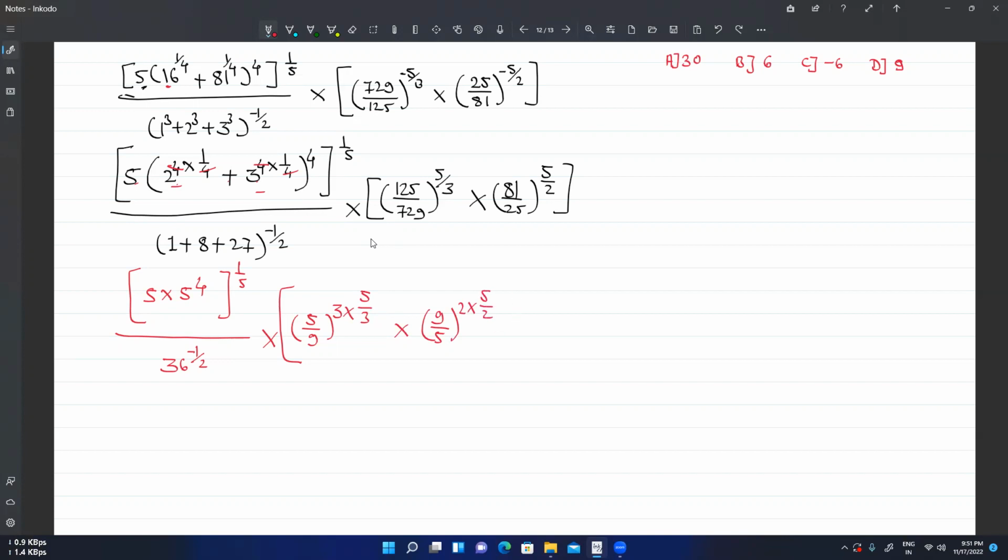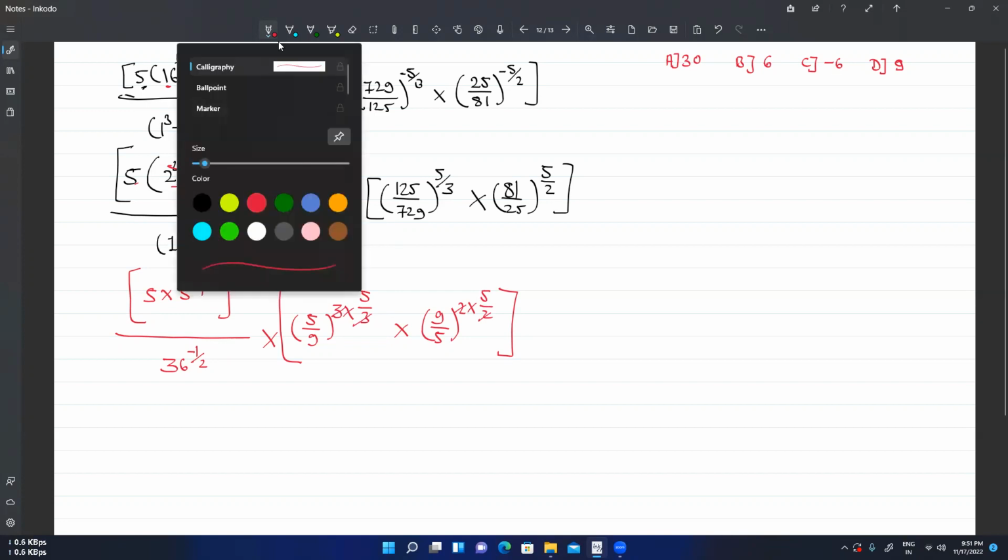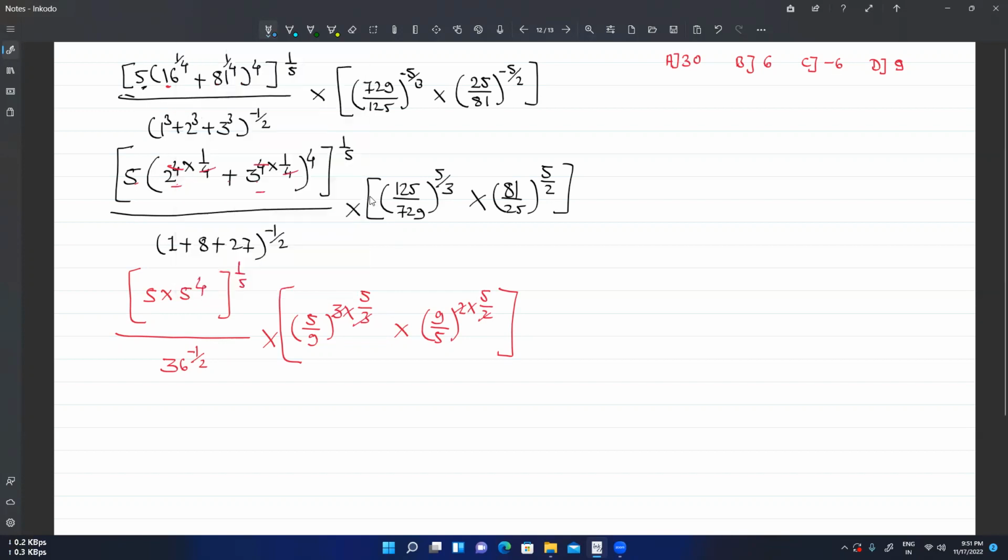Now this 2 and 2 will be cancelled out. This 3 and 3 will be cancelled out. So further we'll write here. Now let's observe this bracket. We have 5, meaning 5 raised to 1, into 5 raised to 4.